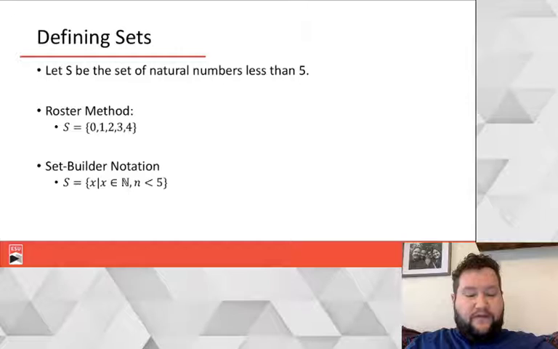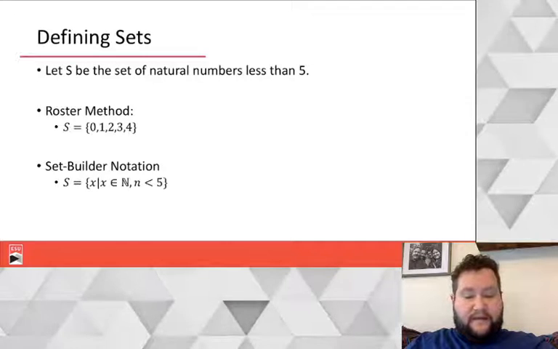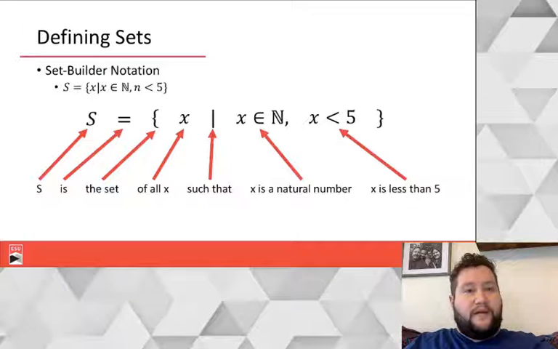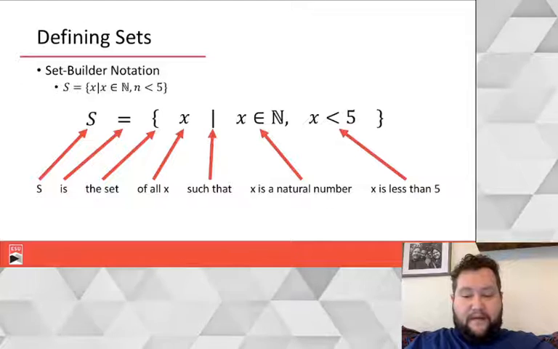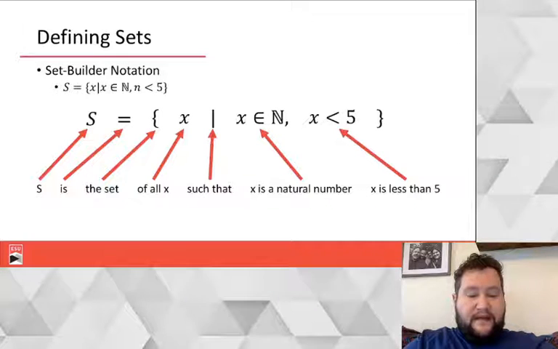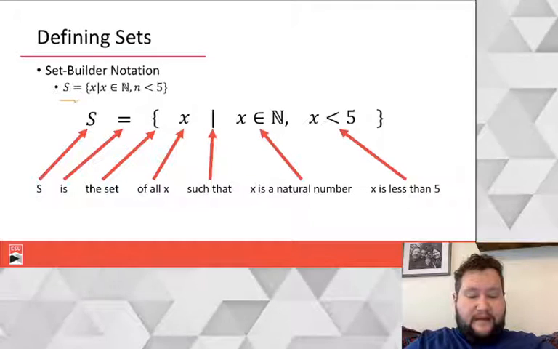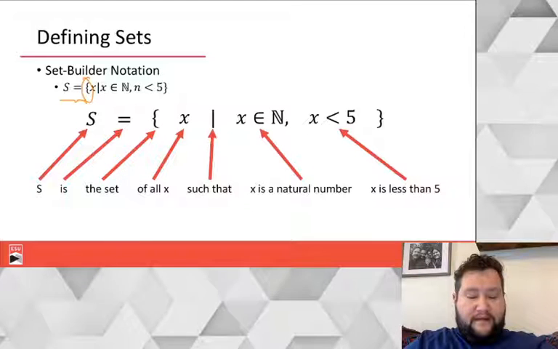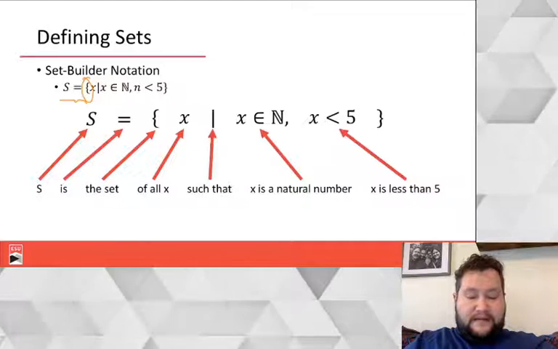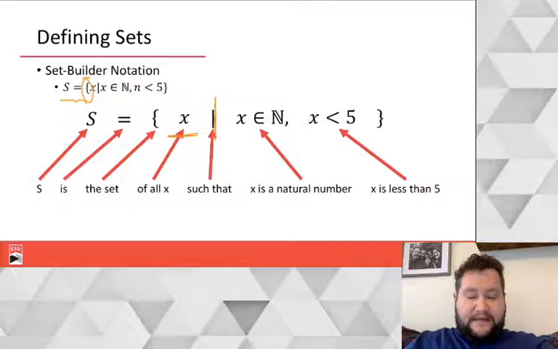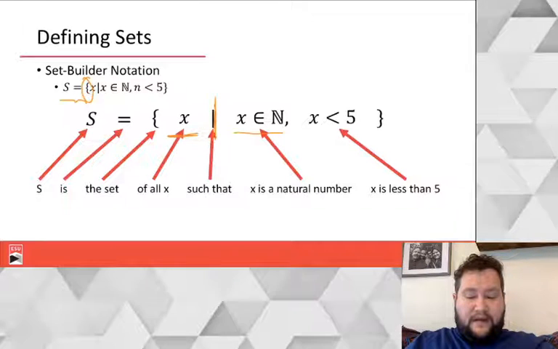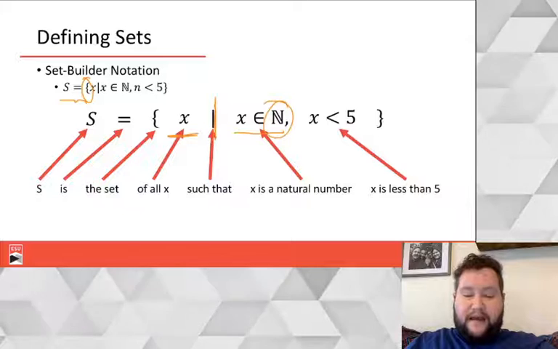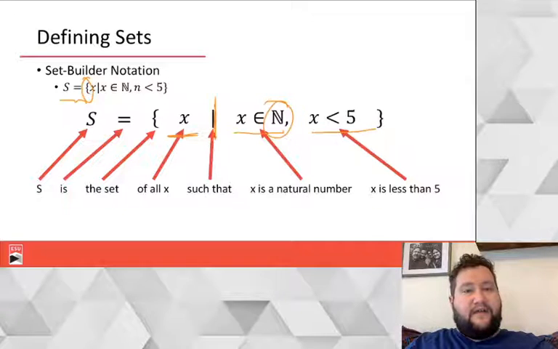So we read this as S is the set of all x such that x is in N, or the natural numbers, and x is less than 5.